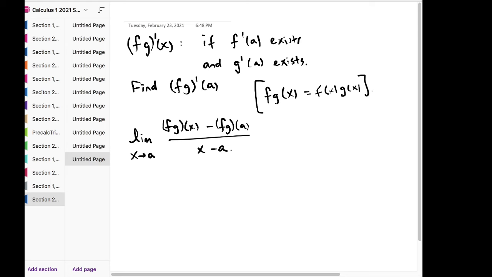The same deal. This becomes limit as x approaches a of f of x g of x minus f of a g of a over x minus a.